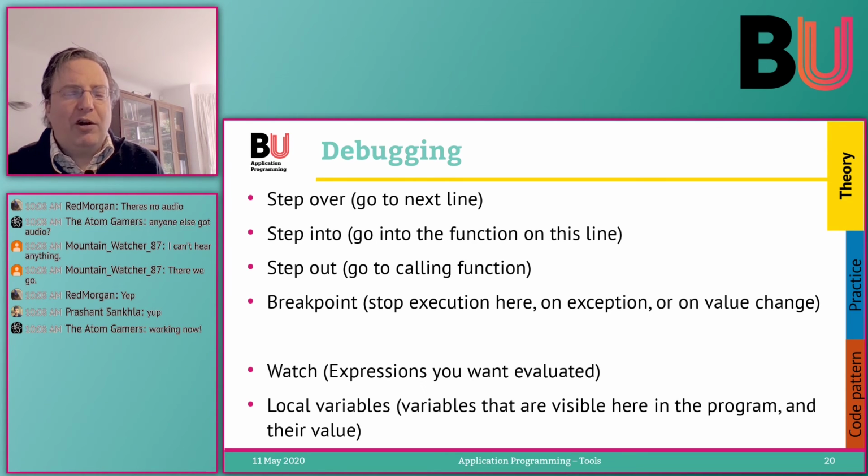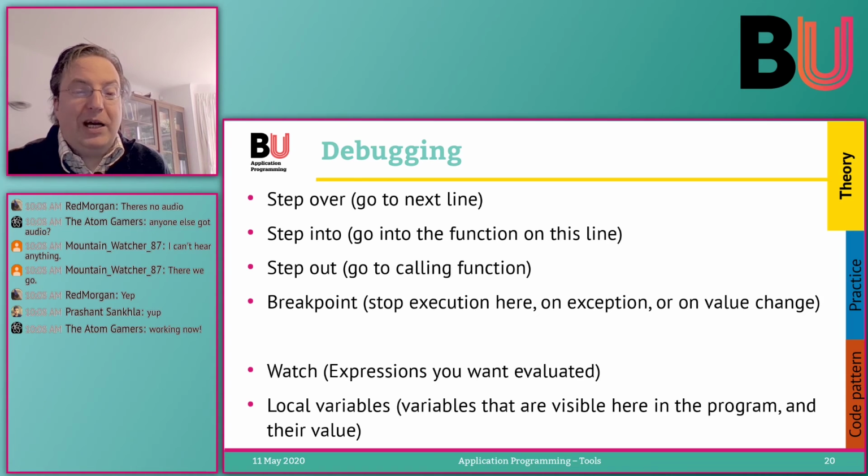Often you don't really want to go into a trivial getter. You know it's just a getter. It's not doing anything interesting. You're interested in the function that's being called with the value that was returned by the getter. And there are indeed also ways of filtering what it may or may not step into.